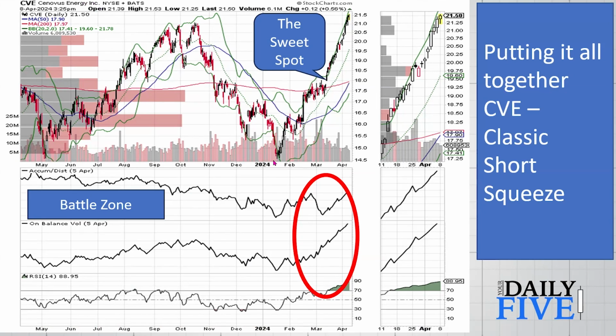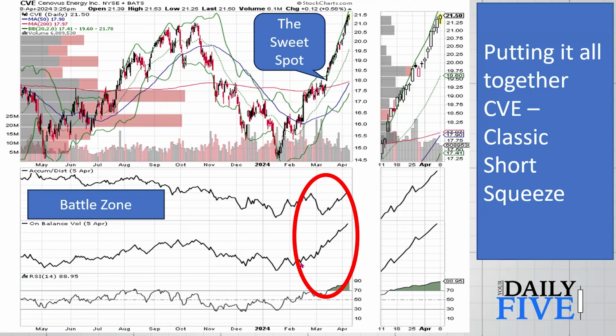Now it gets interesting for what we're trying to do here. Start looking at the accumulation distribution line, and you see that there's a bit of short covering here after this bottom in early 2024. But you see that the short sellers came back in right here at this consolidation pattern.